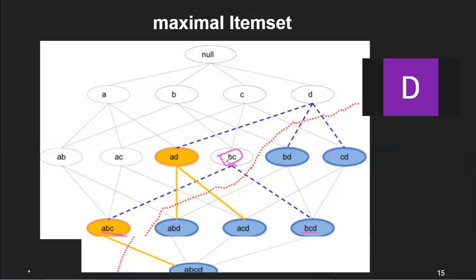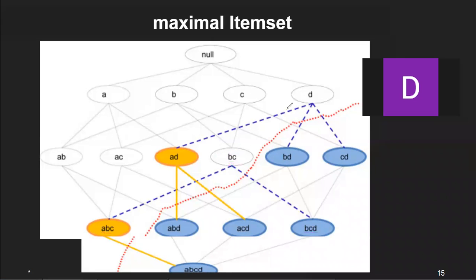BC क्यों maximal frequent item set नहीं है? उसको हम लोगों ने highlight नहीं किया using particular dotted line and dark color. हम लोगों ने उसको blank रखा है because वो maximal नहीं है. Why? Because ABC and BCD उसके जो superset हैं वो frequent item set हैं. I hope everyone is clear on this part first.